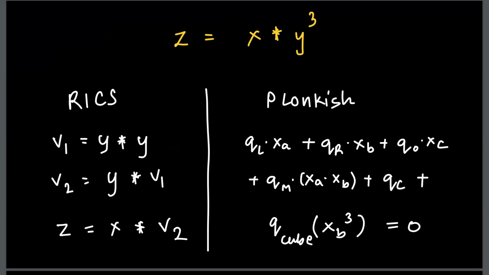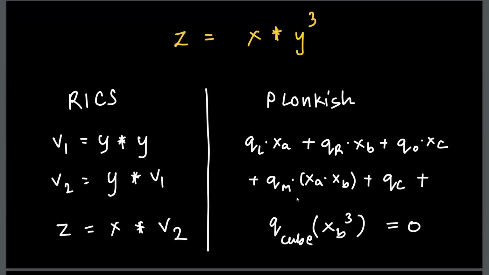In R1CS, what we would do is multiply y and y once, and then multiply the square of y with y again to get y cube, and then multiply that with x to get z. So this one would actually span into multiple equations. This is in the case of R1CS.